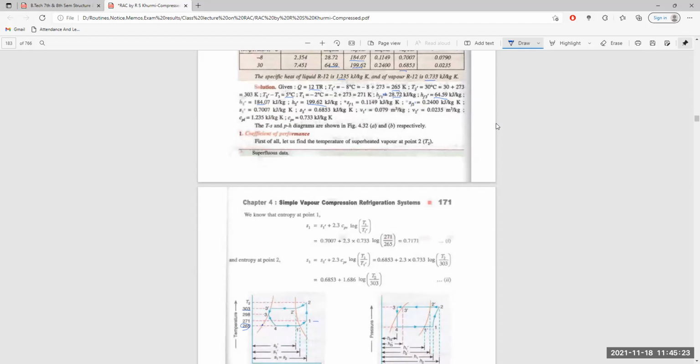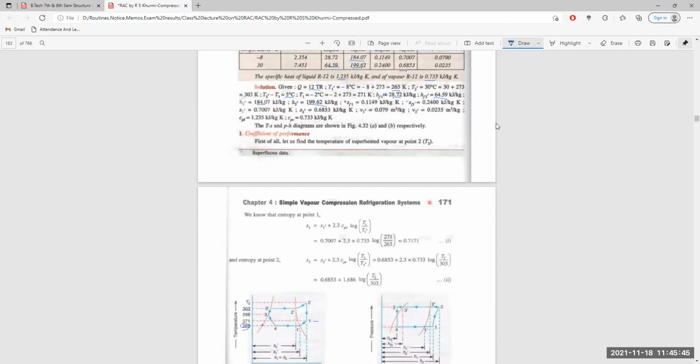And when it is liquid, between 1 to 1 dash and 3 to 3 dash, it is given as 1.235 kilojoule per kg Kelvin. So here the refrigerant is in the liquid state, and here in the vapor state. So you have to use these effective values of the enthalpy.